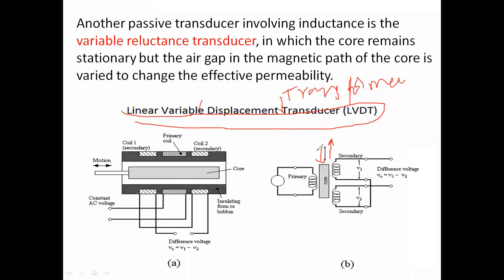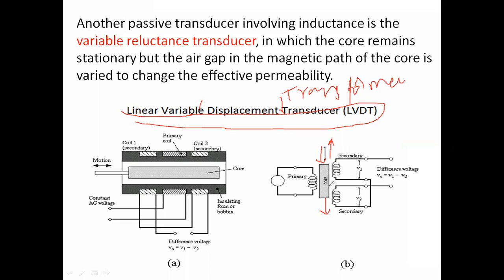Suppose from the center position the core is moving in the downward direction. Then some part of the core is connected to secondary winding 1, and some other part of the core is connected to secondary winding 2.